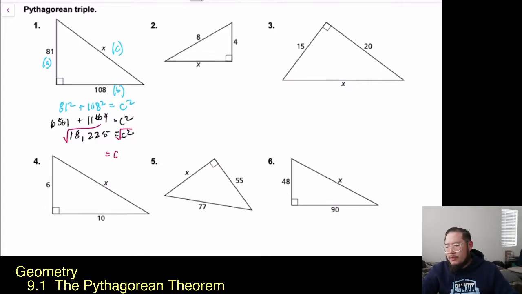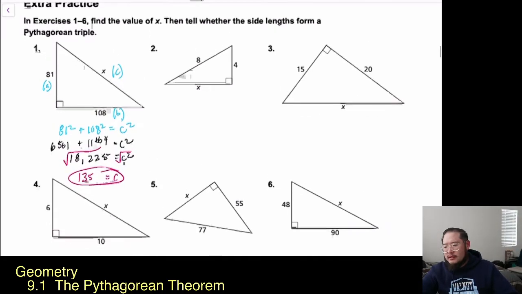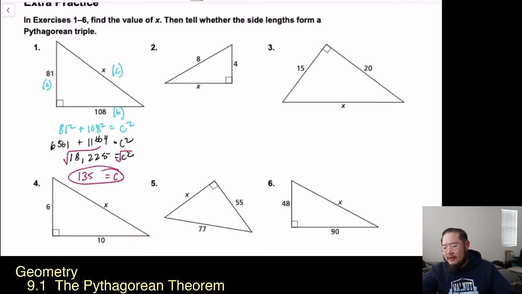So now the last question is: 81, 108, and 135, is that a Pythagorean triple? In order to figure it out, start with a 3, 4, 5 right triangle.